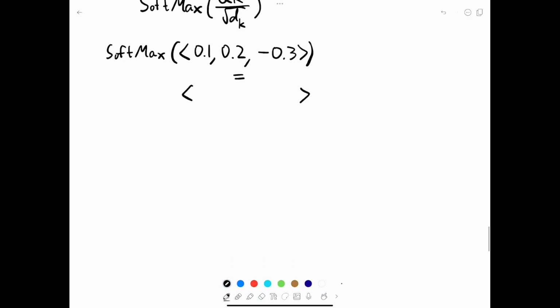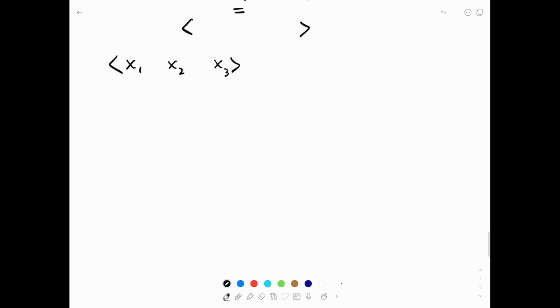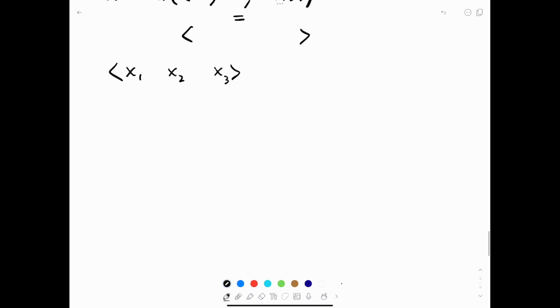The operation is defined as follows. For every element, if the input vector is x1, x2, and x3, then the output will be essentially xi over the sum across all the other elements, xj, except we'll exponentiate both the numerator and the denominator.